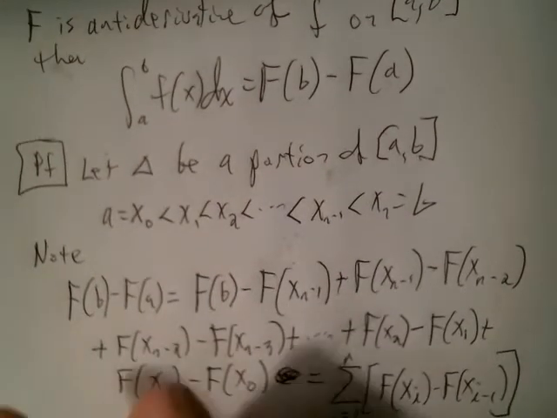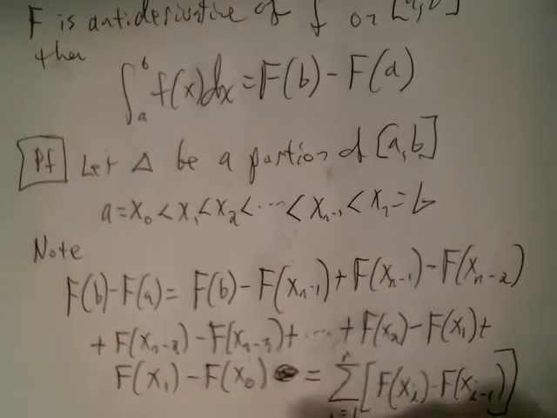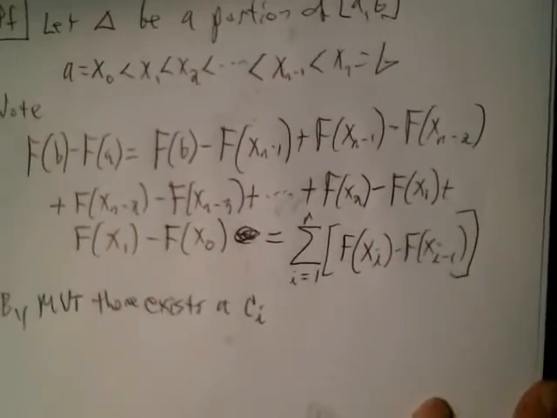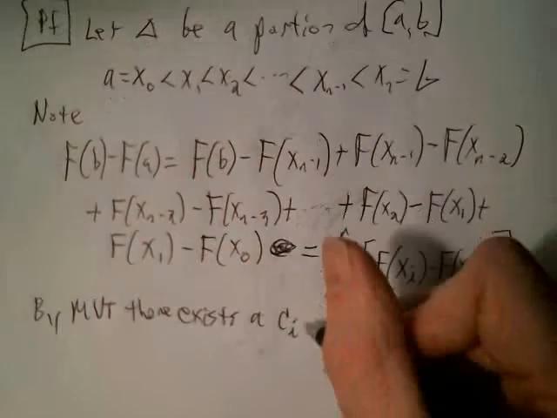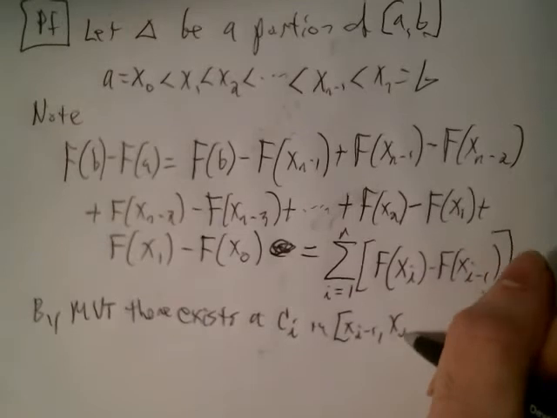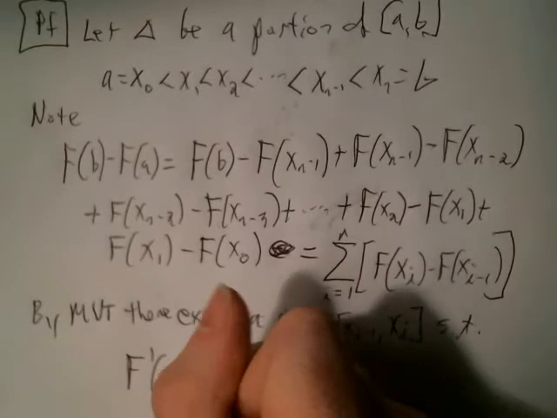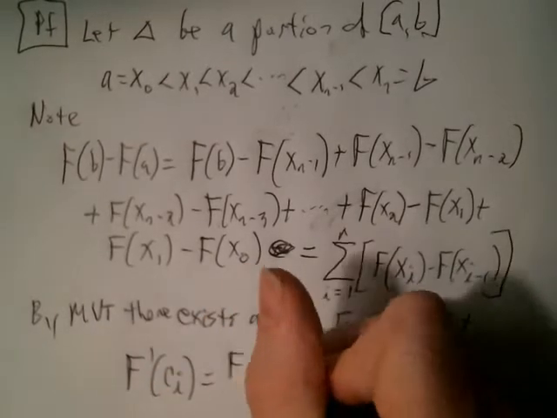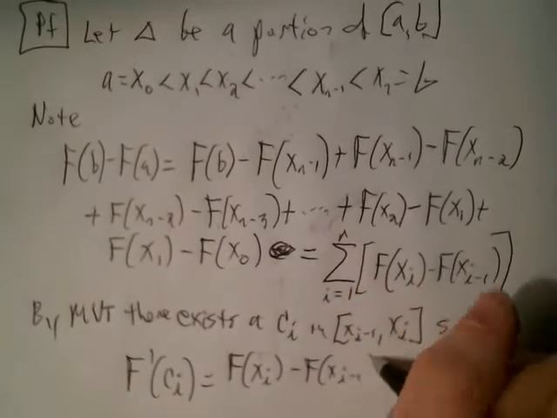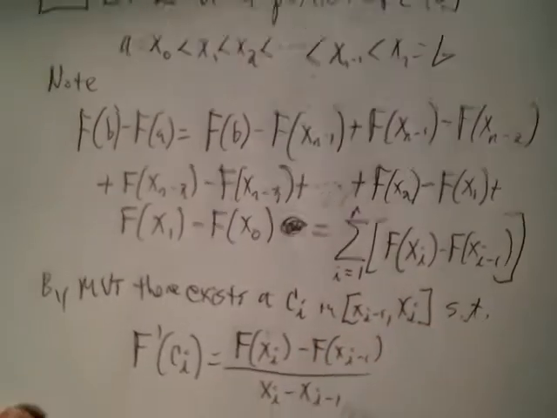So in particular, by the mean value theorem, there exists a c sub i in each one of these intervals such that big F prime of c sub i will equal big F of x sub i minus big F of x sub i minus 1 all over x sub i minus x sub i minus 1.